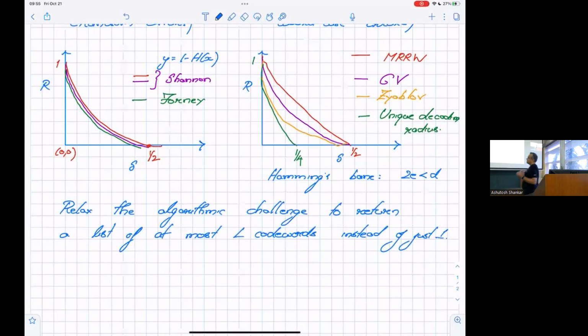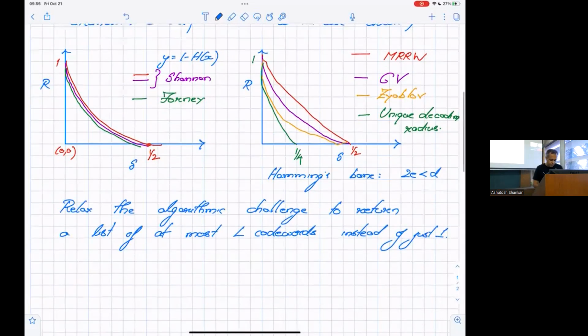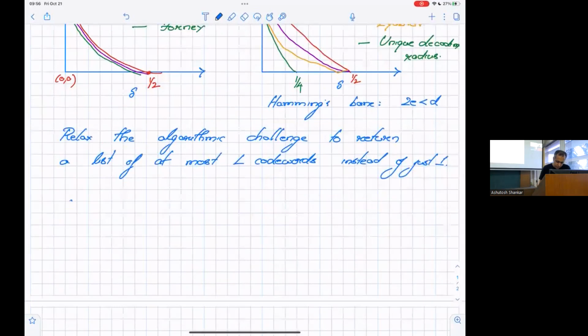Of course, we have to ask if this is a meaningful way of addressing this question. But let's first define what this is. We define the notion of rho, L list decodable.